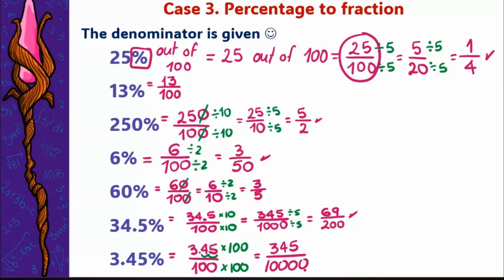Then we just add two more zeros and it would look like this. Again, we can simplify dividing by 5. Dividing by 5. That's going to give us again the 69 and here a 2000. And that would be the final fraction.